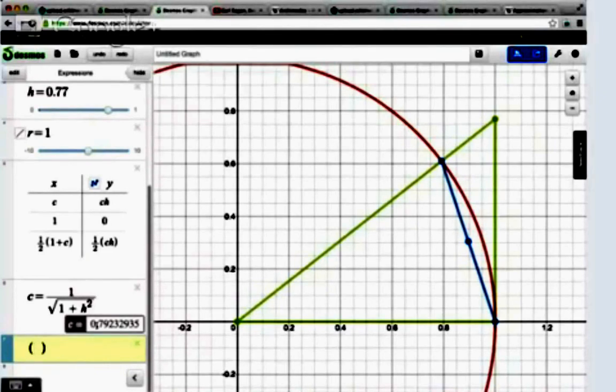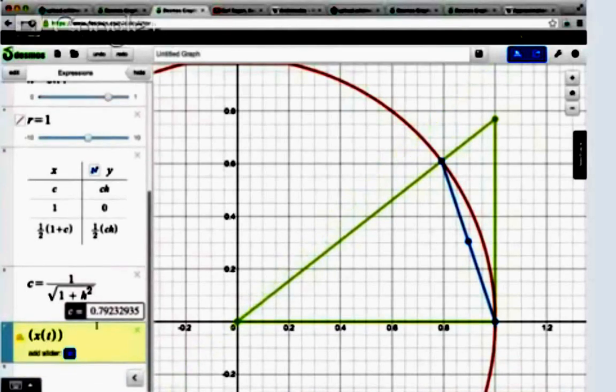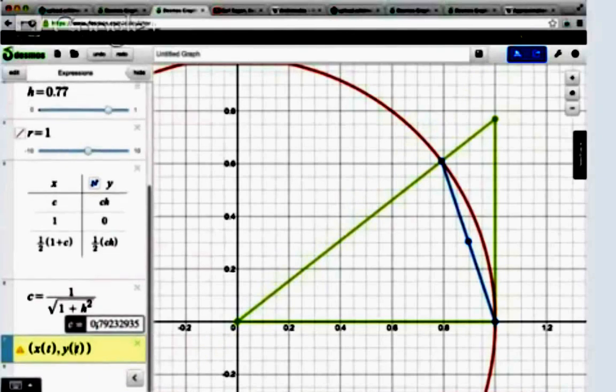So we can draw a line through the origin of a point pretty easily with a parametric equation. A parametric equation is, in general, of the form f of t. Well, let's call it x of t, y of t. Since this is a line, it's just going to be linear functions in t.